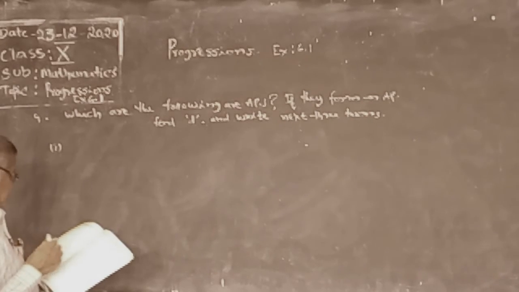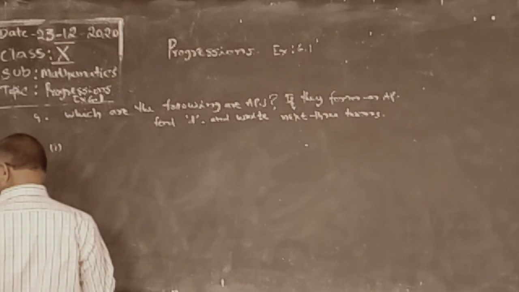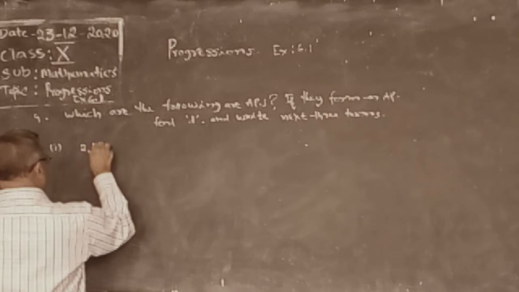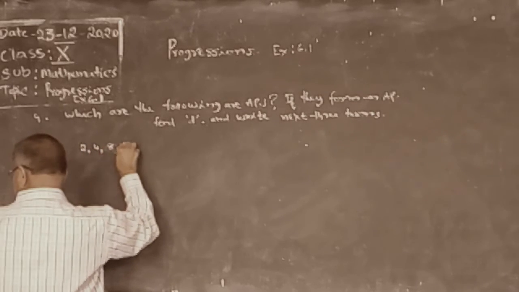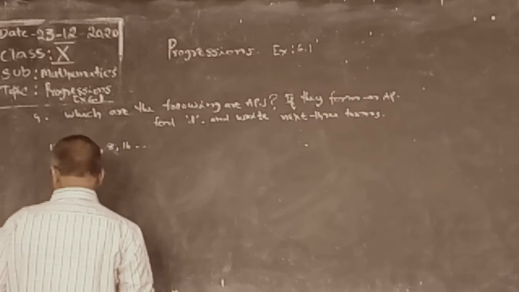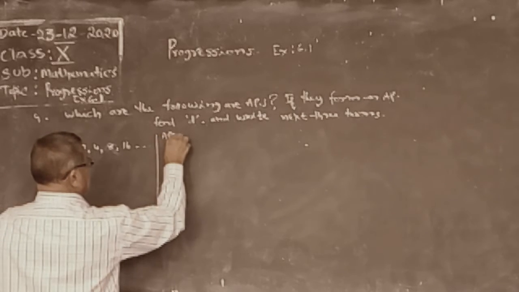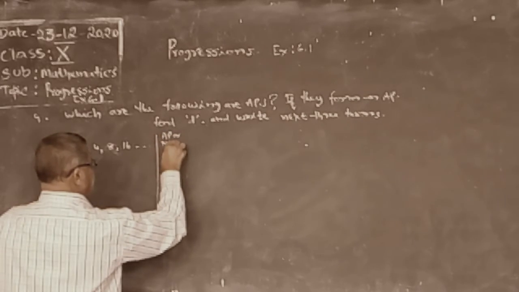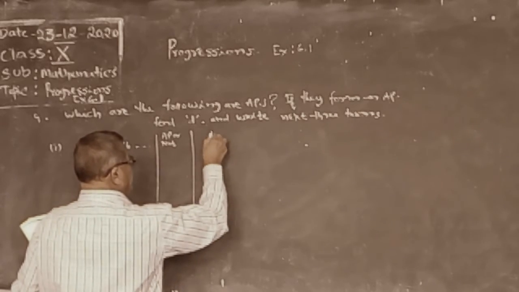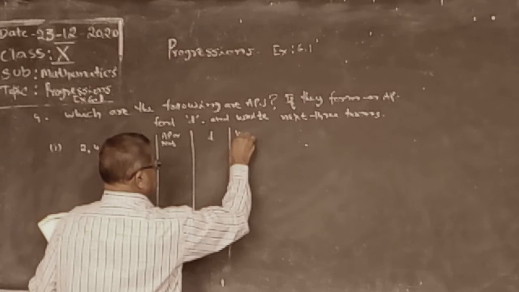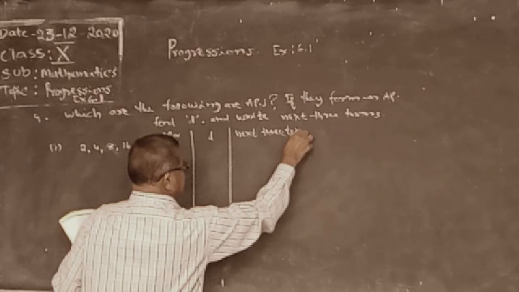Number 1. Here 13 questions are given. I will explain a few. 2, 4, 6; 2, 4, 8, 16, and so on. AP or not? If AP, find d and write the next 3 terms.